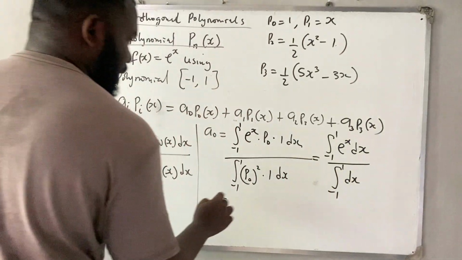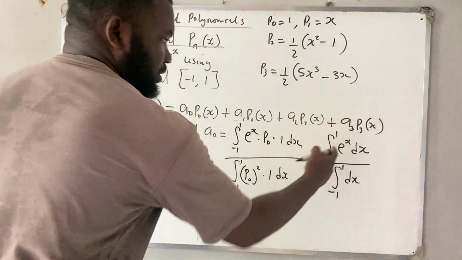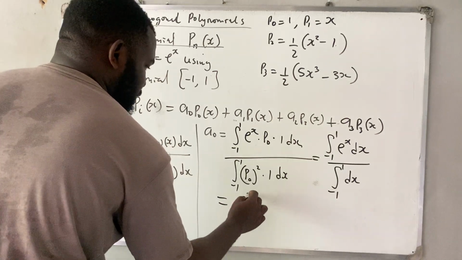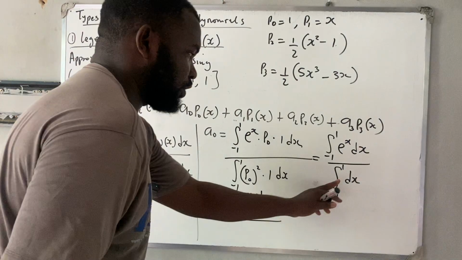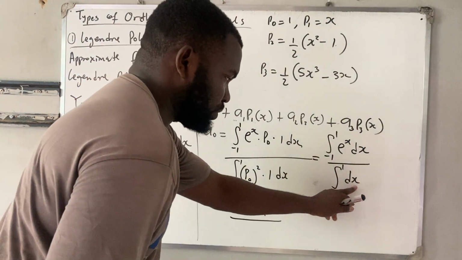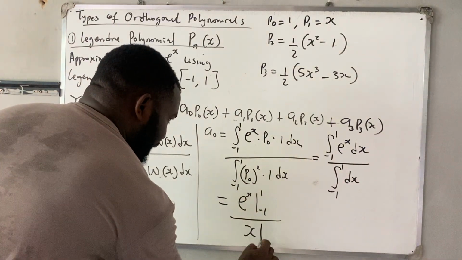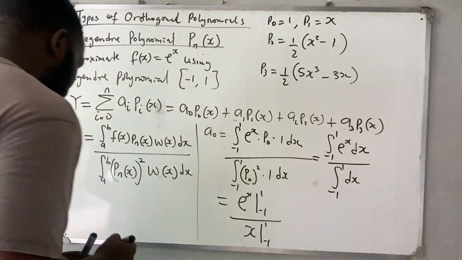So if I do this, you see that the integration of exponential is still exponential. Exponential x, with the boundary from -1 to 1. Integration will cancel differentiation. I'm left with x, with our boundary of 1 from -1 to 1.